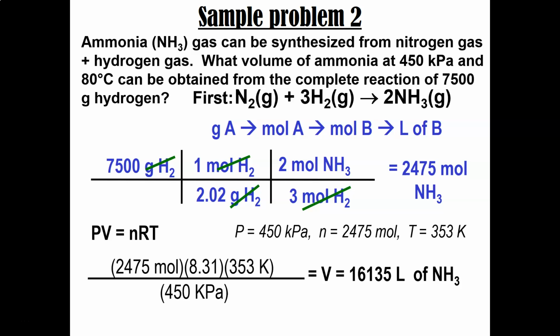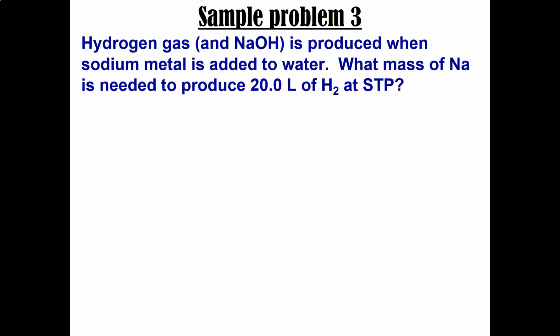All right, this is going to be the last one. Hydrogen gas and sodium hydroxide is produced when sodium metal is added to water. What mass of sodium is needed to produce 20 liters of hydrogen gas at STP?